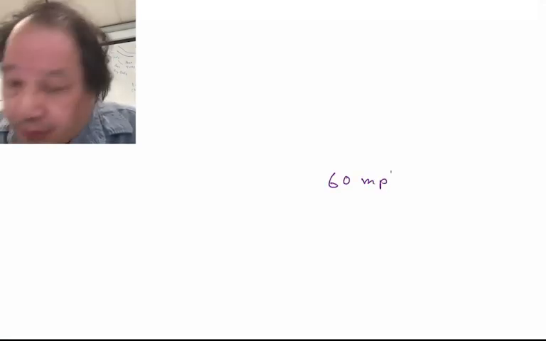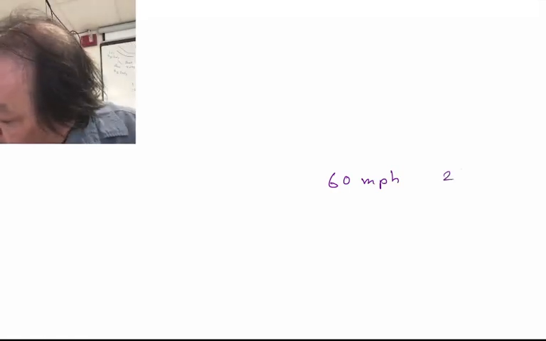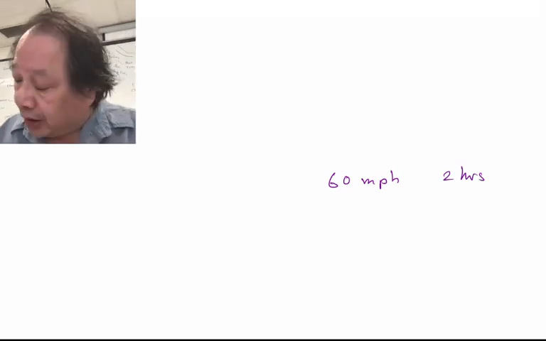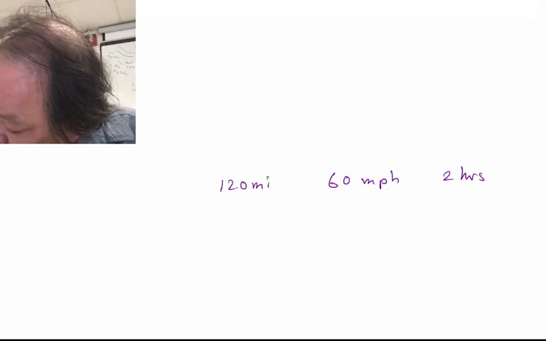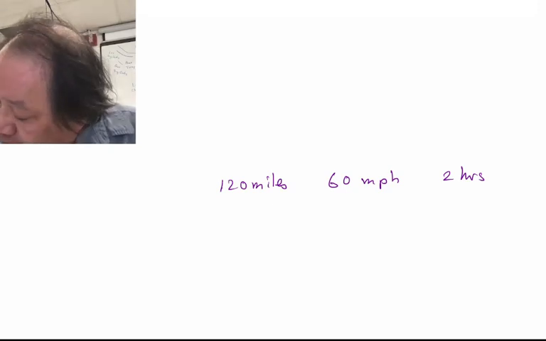So let's say we're moving at 60 miles per hour, and we travel for 2 hours. So if we travel at 60 miles per hour for 2 hours, we travel 120 miles. 60 times 2 is 120.